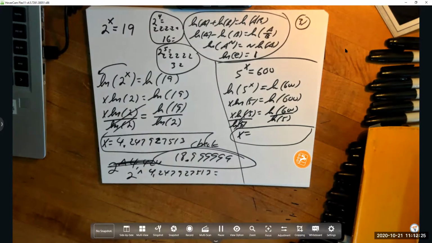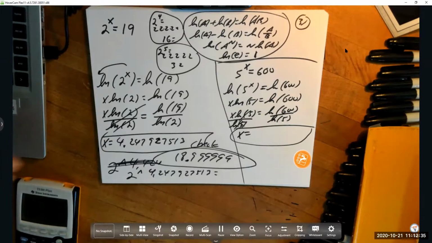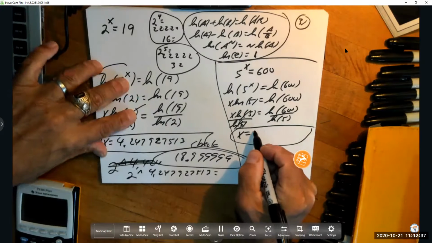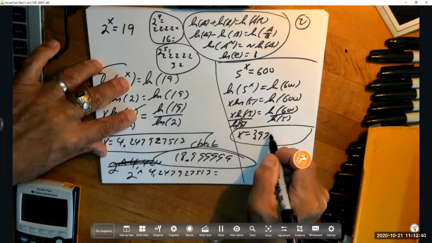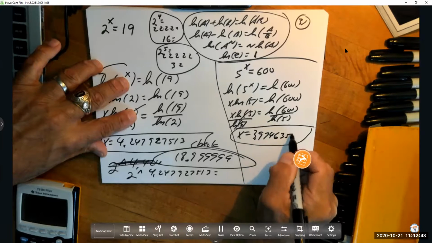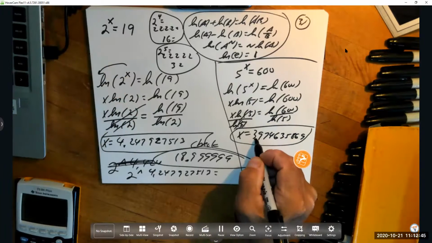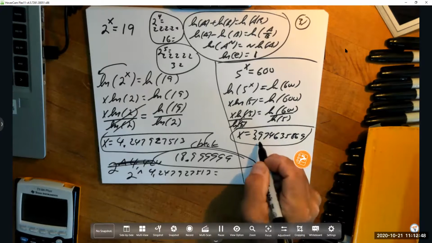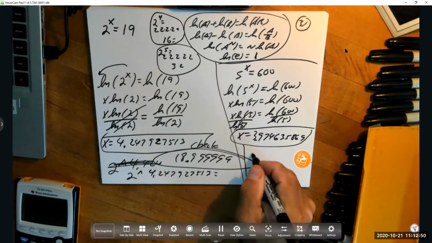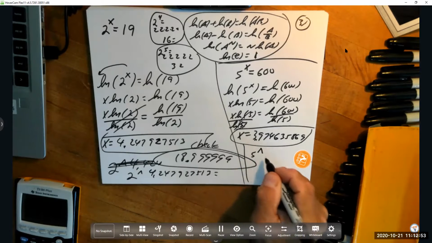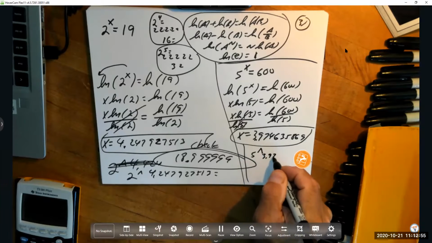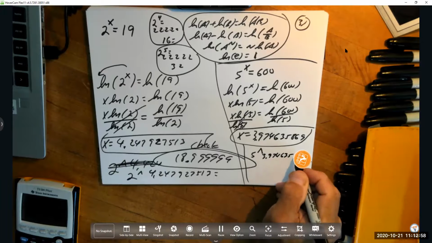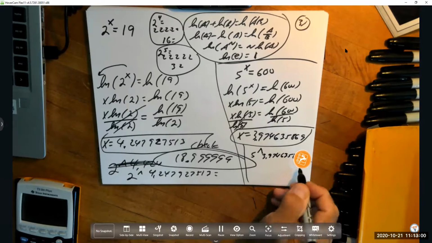I don't know what that is. Okay, let me do my calculator. Hang on. ln of 600 divided by ln of 5. All right, give me some numbers. What'd you get? 3.974635869. Okay, so 3.97463, like that. All right, so now I'm going to go like this. 5 to the power of that number right there. 3.974635869.